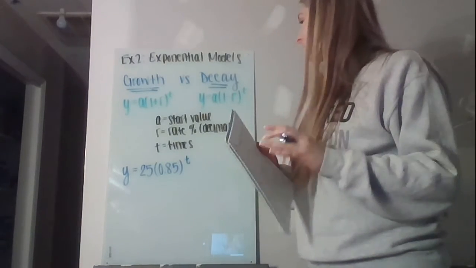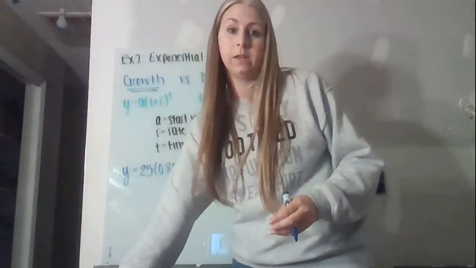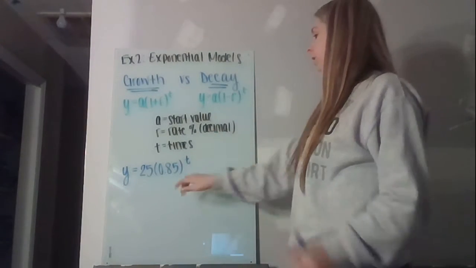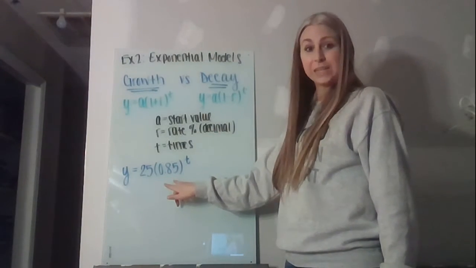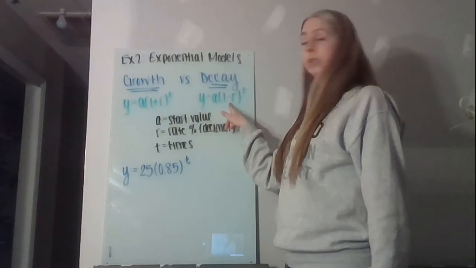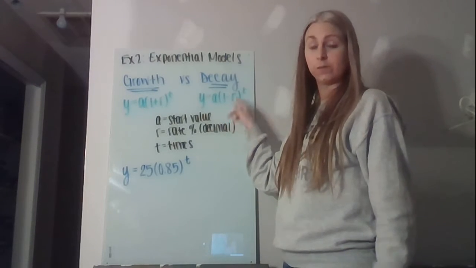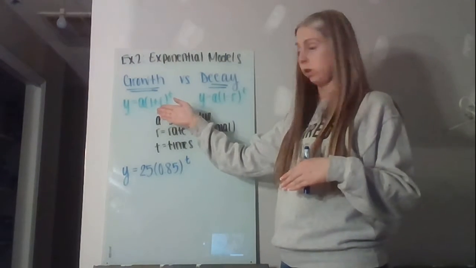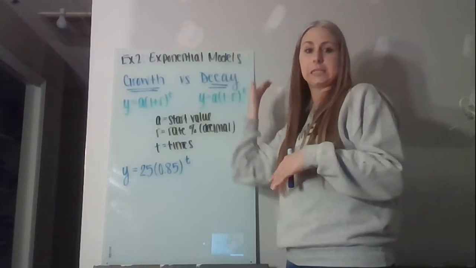So first things first, is this a growth or is this a decay? So I'm going to look at my percentage here. This percentage is less than 1. So it's going to be decay because 1 minus. If it was a growth, it would be greater than 1. So growth is greater than 1, decay is less than 1. So this is a decay.